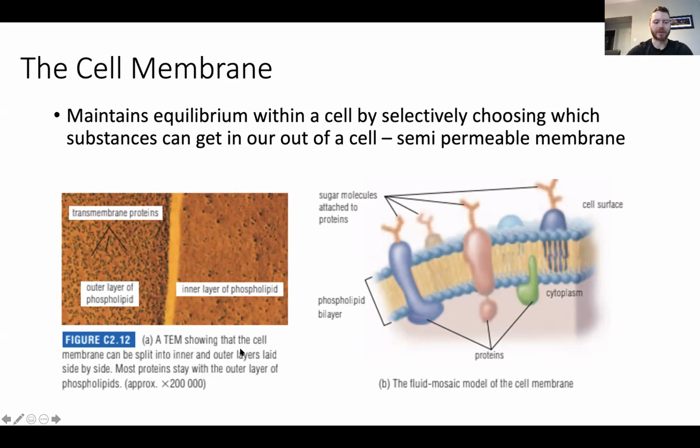If we look at this image on the left, this is an electron microscope image, just showing the outer layer of the phospholipid. If we compare this image to over here, here are our transmembrane proteins, and the outer layer of the phospholipid is going to be these phospholipid heads right here.